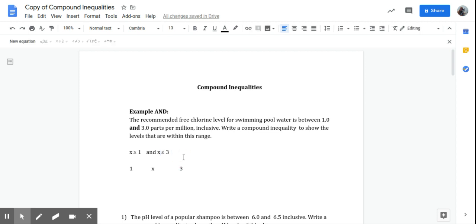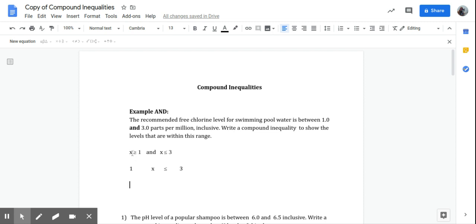So that's the way you would write it to begin to think about it, but they want you to write it as the actual compound inequality. Instead of writing it like this, the inequality is going to be the same. Try that again. Better. And then 1 and then x. Notice x is greater than or equal to 1. So when you write this, you have to write it the way it looks.